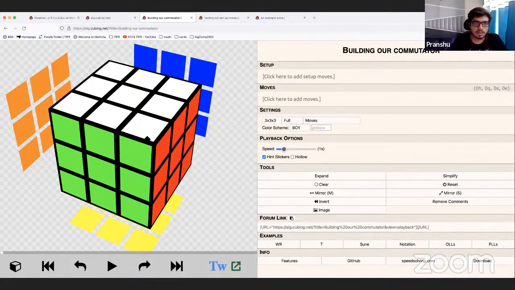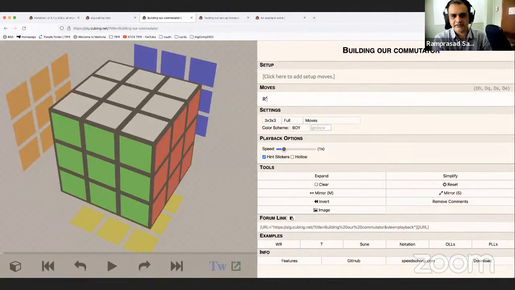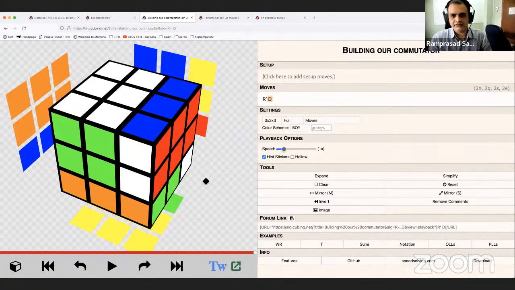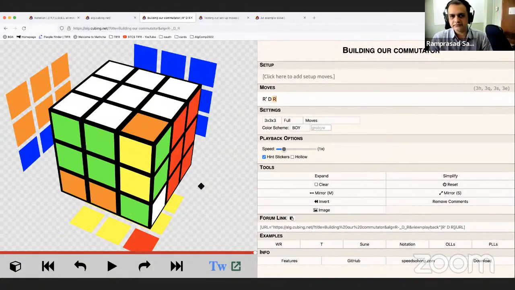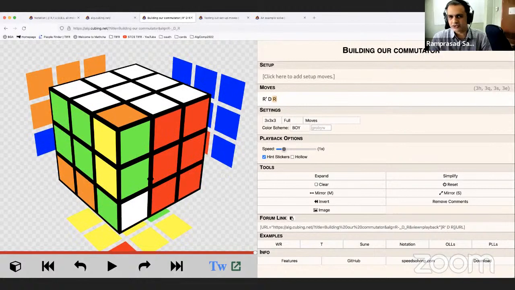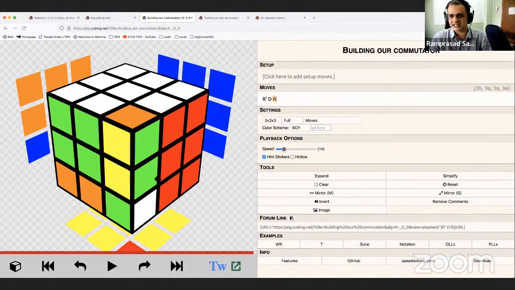Yes, so could do R prime D R. So let's do R prime followed by a D, and then you do an R. This is one such example. Of course, some other nonsense is happening to the bottom two layers. Some pieces are moving, etc. But we don't care about what happens here.